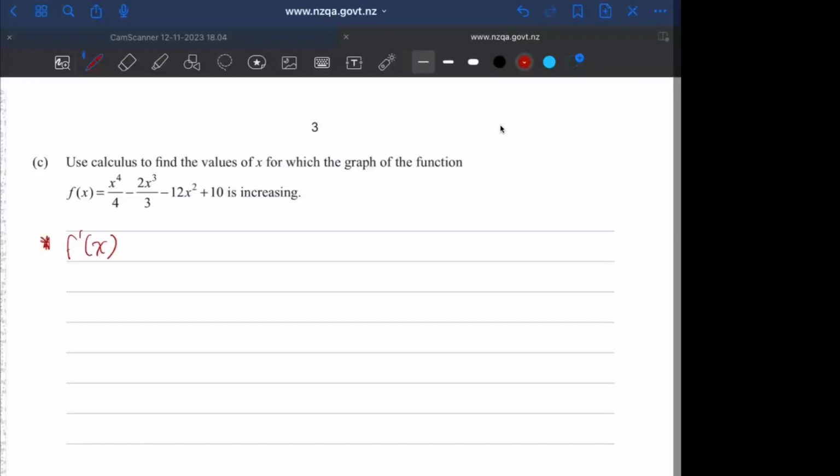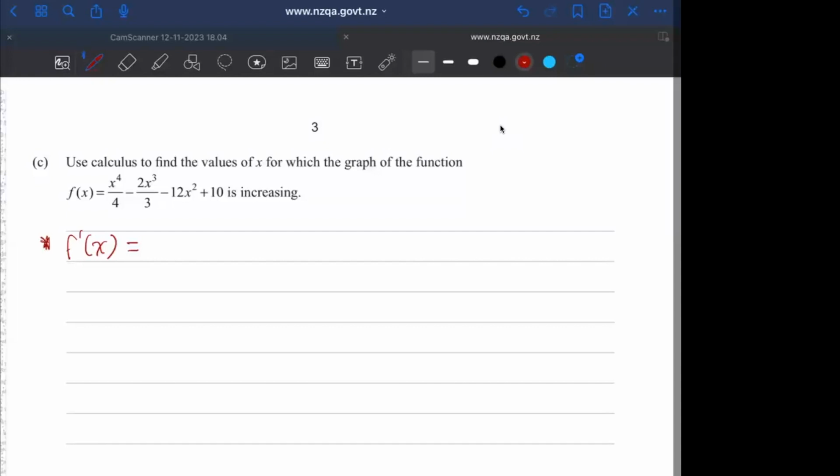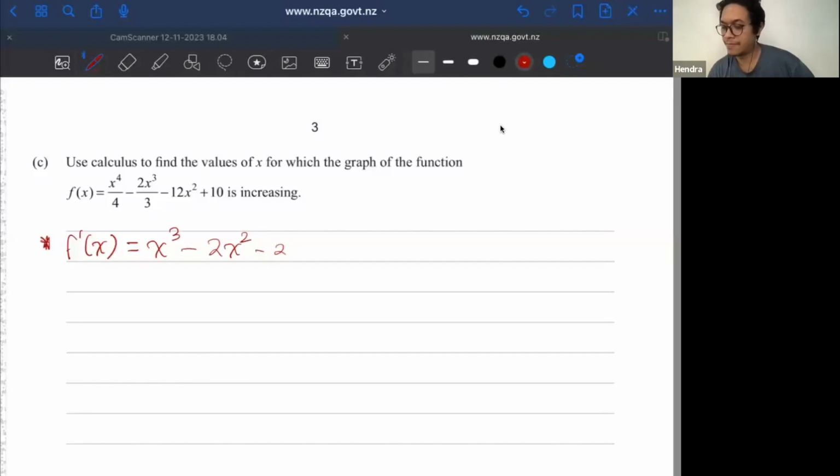F prime x equals 3x to the 4, x cubed over 4, minus 6x squared over 3, minus 12x. No, it's 24x. Yeah.